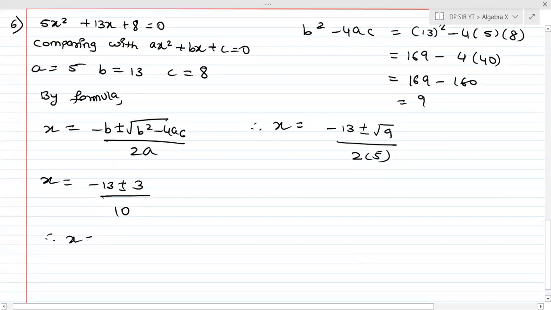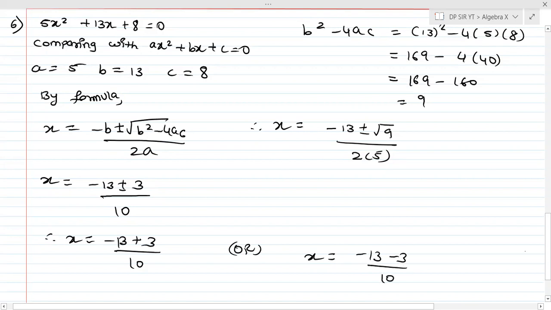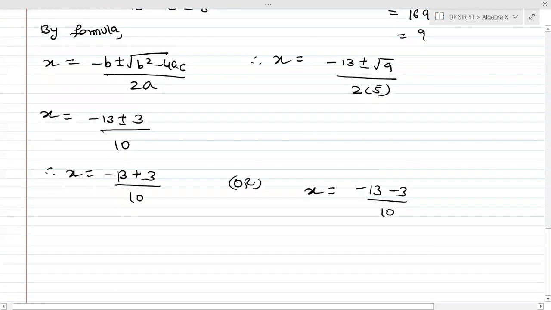Therefore, x is equal to minus 13 plus 3 upon 10, or x is going to be minus 13 minus 3 upon 10. Okay, so here it's going to be, therefore x is equal to, ये आ जाएगा minus 10 upon 10, or x is equal to minus 16 upon 10.